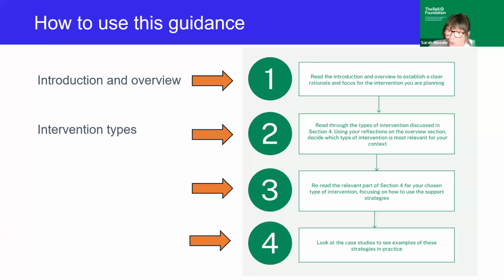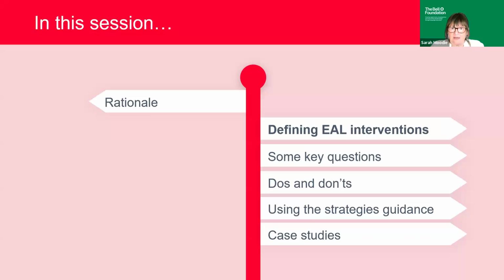Then you'll want to decide which type of intervention you're offering, which type is going to be best for your context and your learner or learners. Read the section then on how to use the support strategies with your chosen intervention, and then look at the relevant case studies, which might give you some ideas and inspiration as to how this could look in practice. Okay, so that's how to use the guidance.